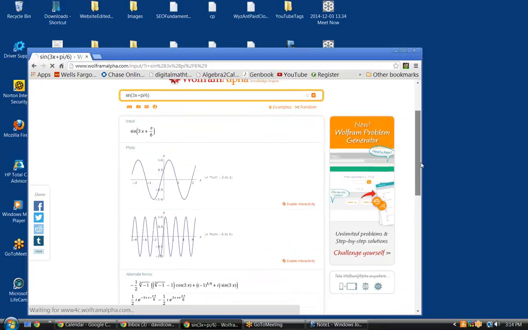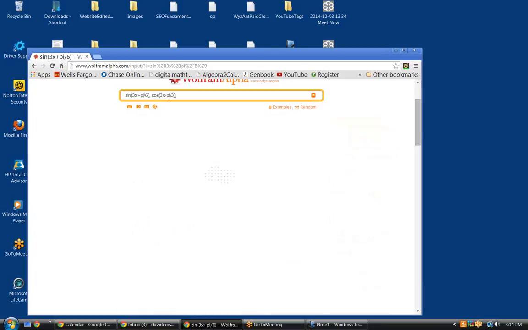Okay, there's that curve. And now let me put the same curve, cosine of 3x minus pi divided by 3. Put both of them on there at the same time and see if they overlap.